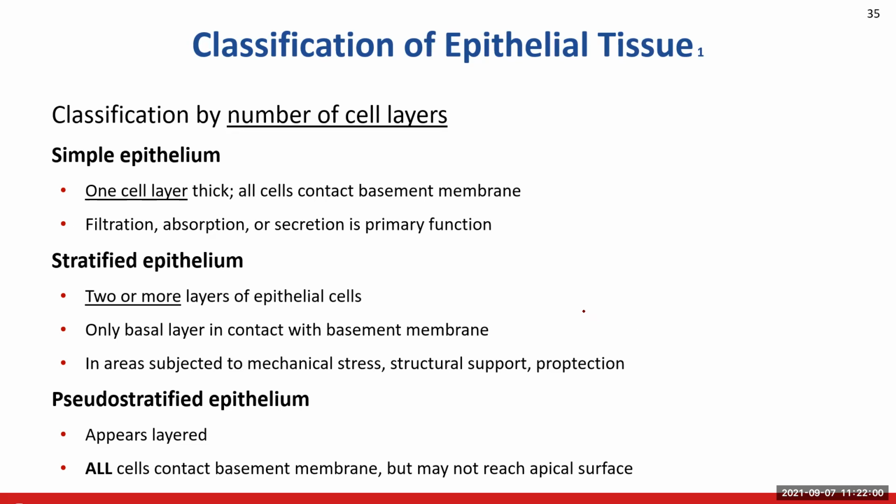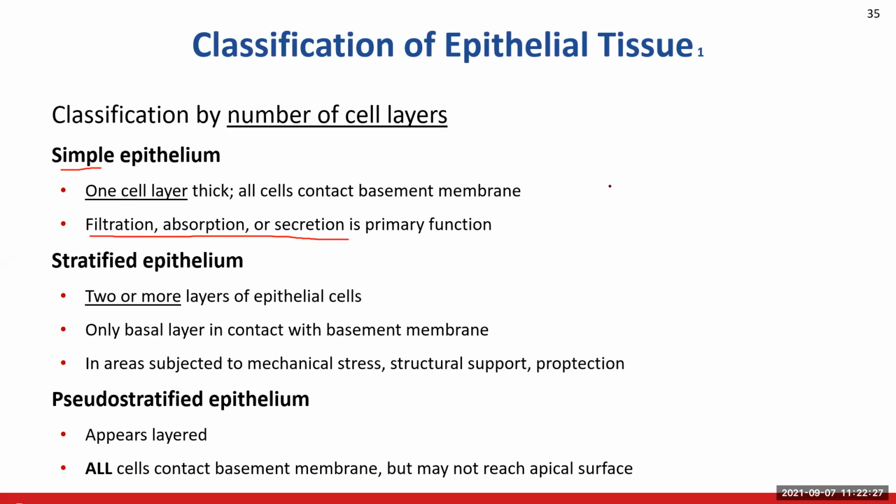If it is one cell layer thick, it is simple epithelium. That means all the cells are going to contact that basement membrane. So the primary function for this type of epithelium is going to be filtration, absorption, and secretion. Thin epithelium is ideal for those functions.